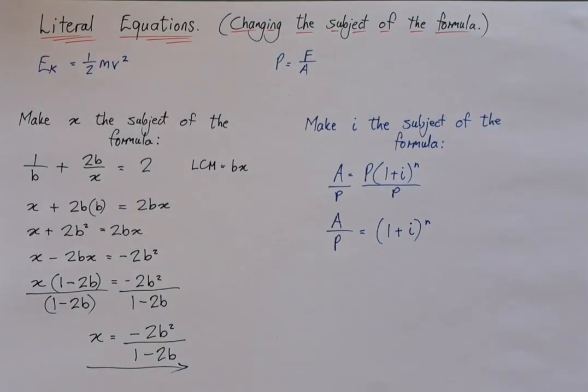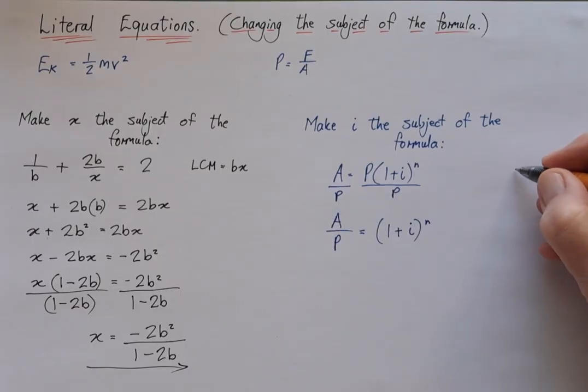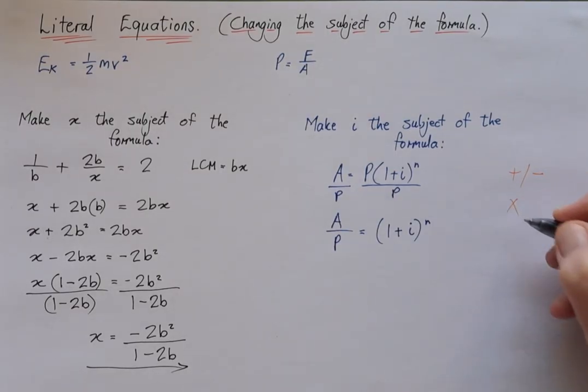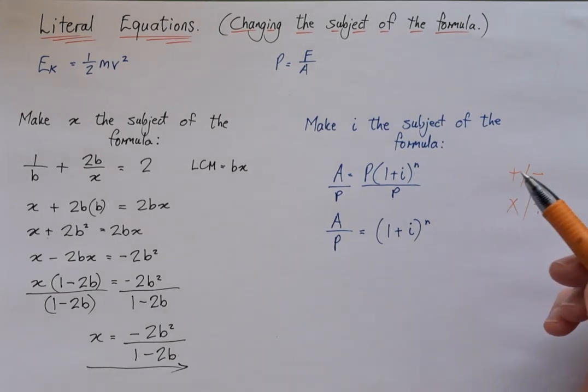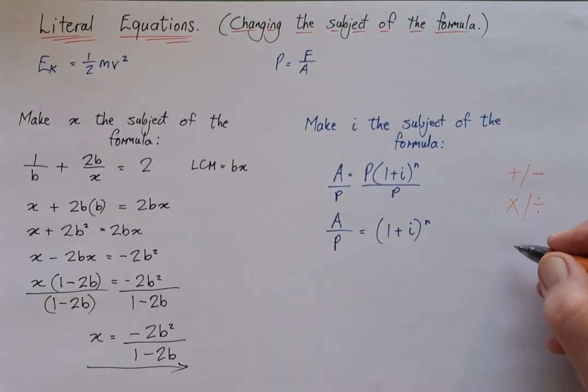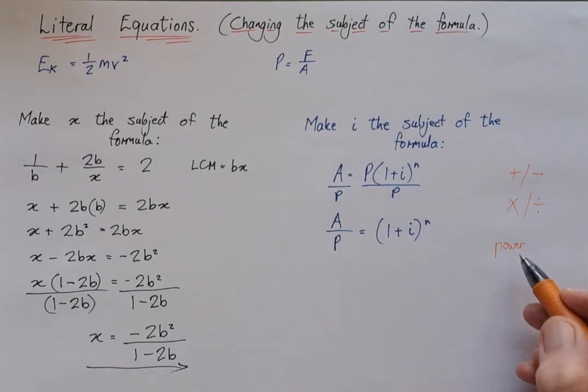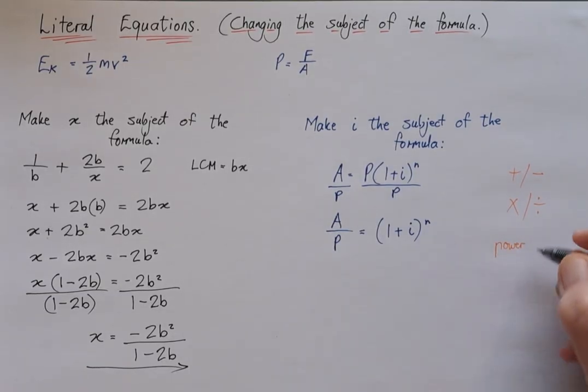Now we know most of our inverse operations. Let's just recap them here. The inverse operation of addition is subtraction. The inverse of multiplication, we've just used it over there, is division. But we must also remember that powers also have inverse operations. The inverse operation of a power, in other words, when you've got an exponent, is the root.